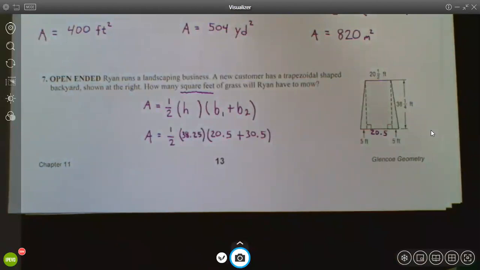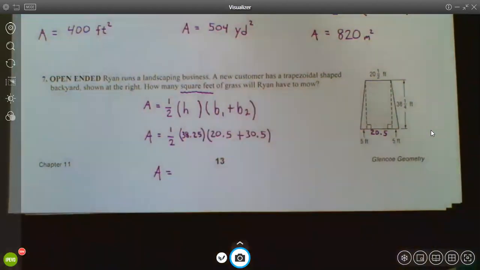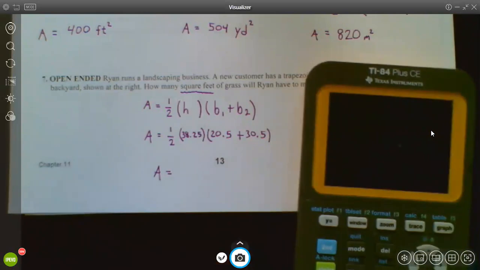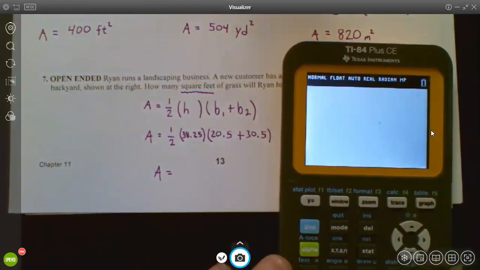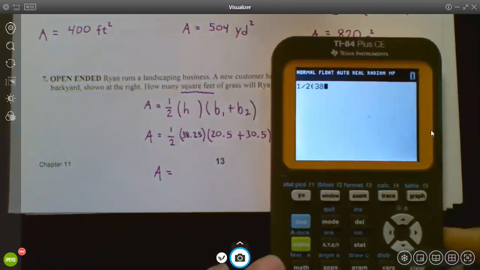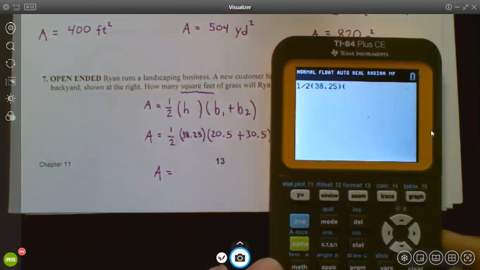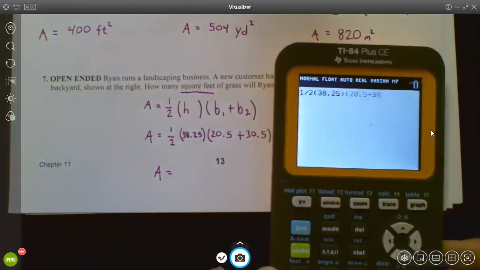Dave, what do you got? I could be wrong, but I got 1,147. It's looking just a little big to me. You've got to divide it by 2. I'm just going to type it in exactly the way I wrote it on my paper. So I'm going to say 1/2 times 38.25, times 20.5 plus 30.5.